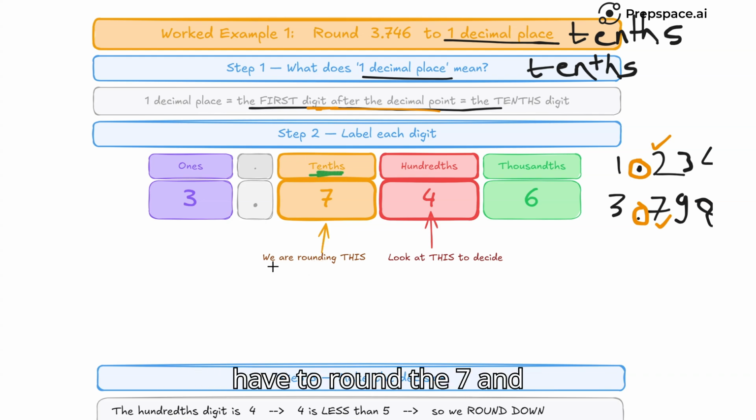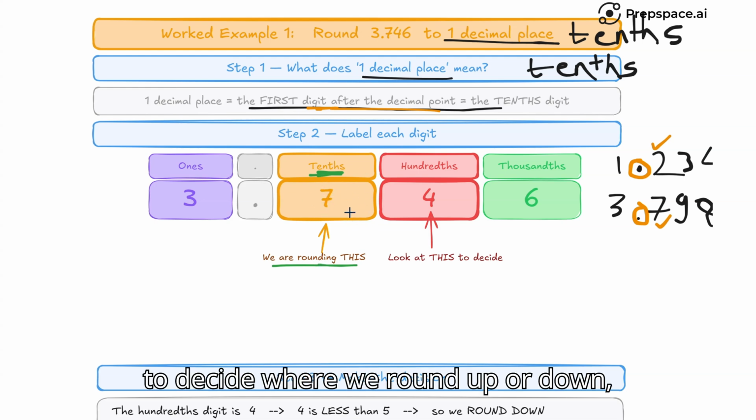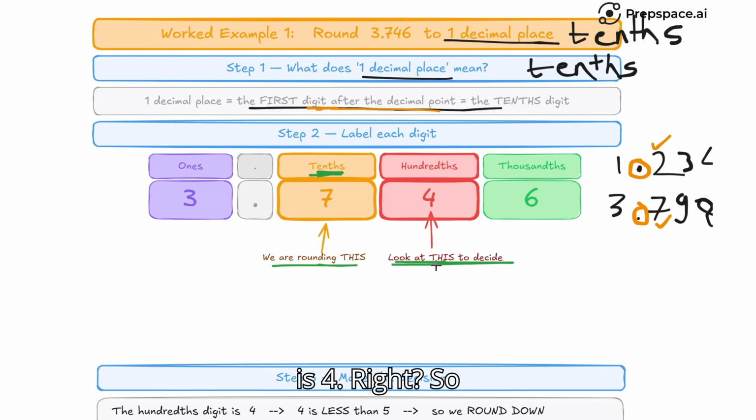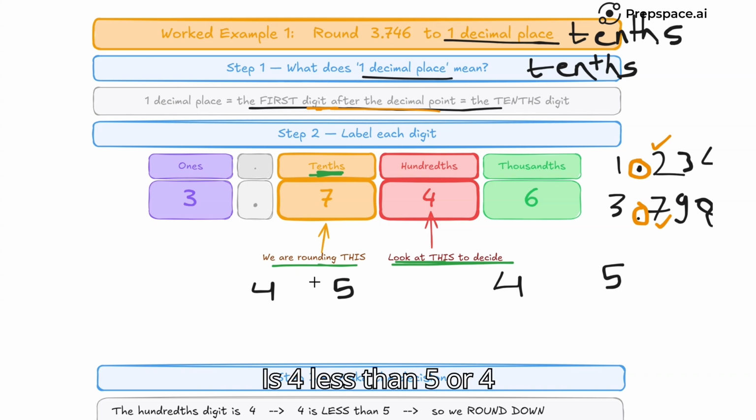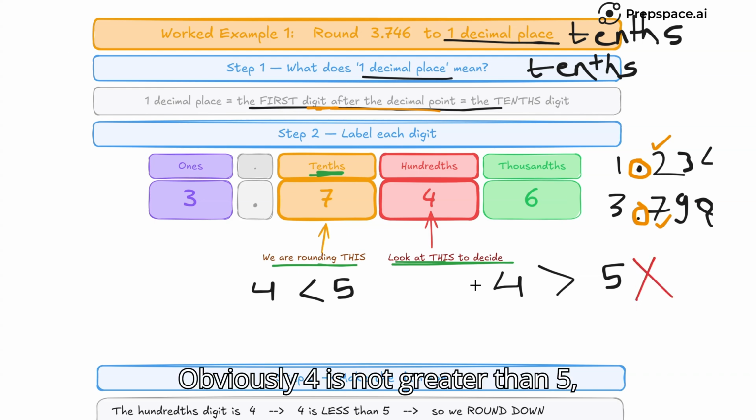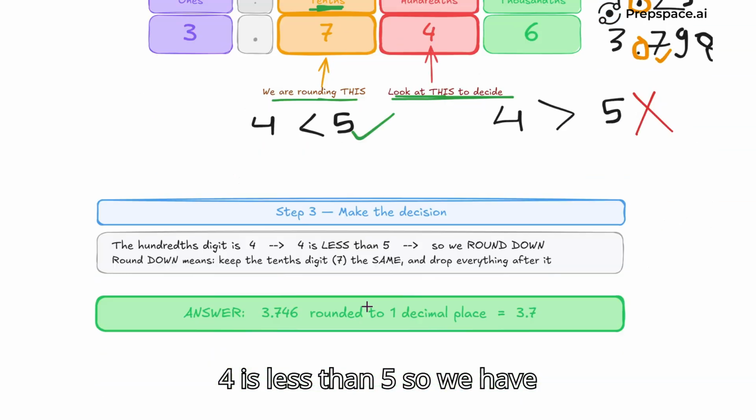So we have to round the 7, and to decide whether we round up or down, we look at the number next to it, which is 4, right? So now we take this number 4 and compare it with the number 5. Is 4 less than 5 or 4 greater than 5? Obviously 4 is not greater than 5, 4 is less than 5. So we have to decide.